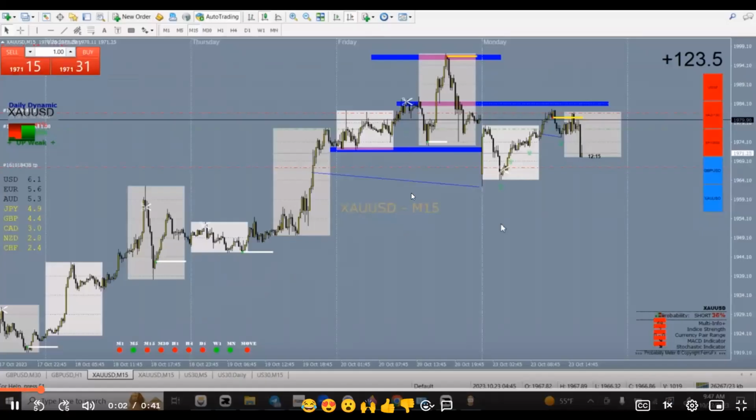Can y'all see that screen? Yes. So this is the trade I took today. I just didn't post it. I don't know why. But you see how I have a low, a high, and the arrows right here?